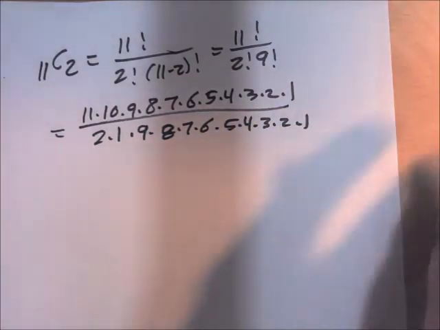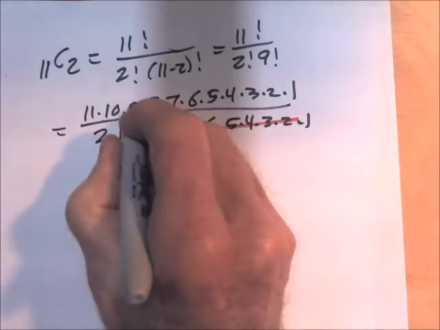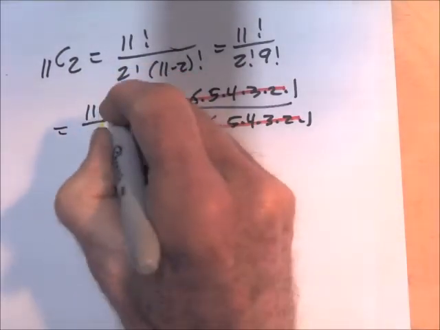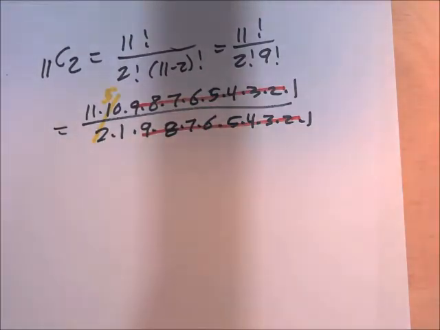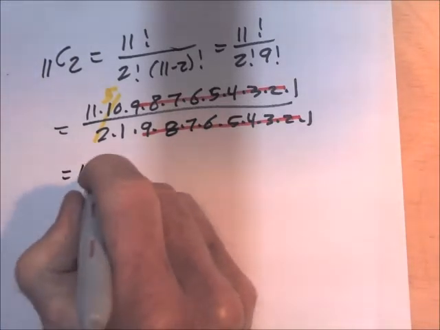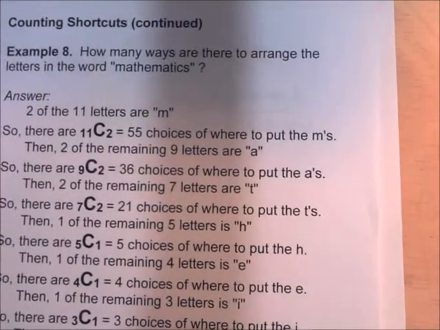Well, 9 on down will cancel, and 2 into 10 goes 5 times. What's left is 11 times 5, which is equal to 55. Okay, so that's where we got the 55 from.